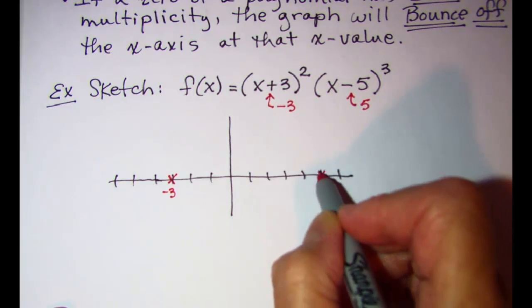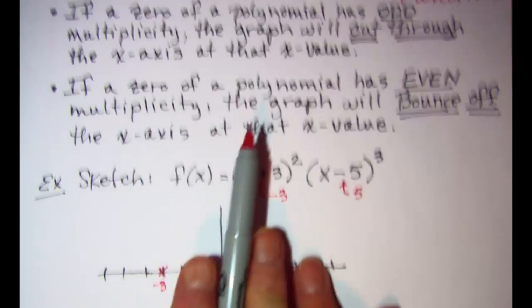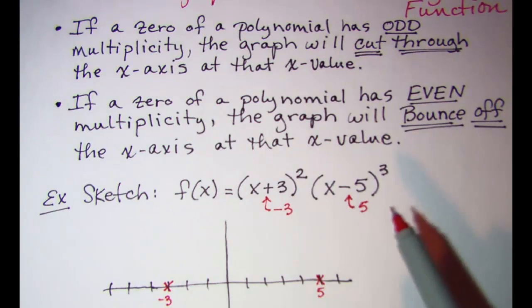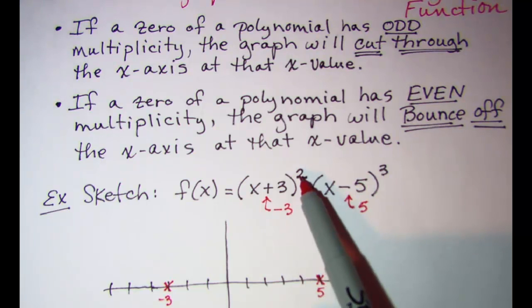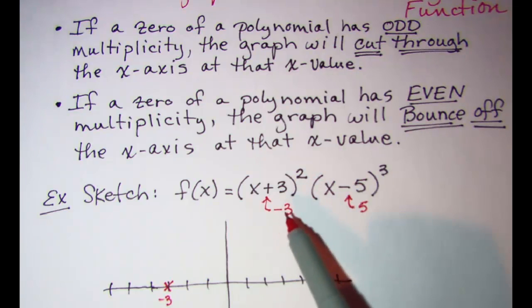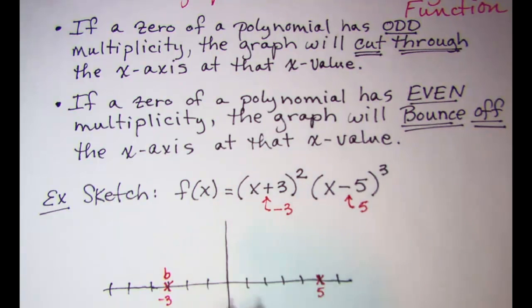We have a zero there. Now according to these rules up here, because negative 3 has an even multiplicity, my graph is going to bounce off of my x-axis at this point.